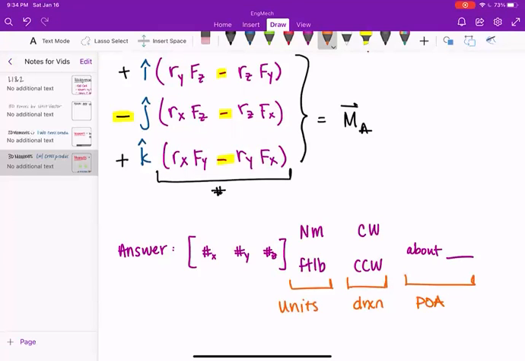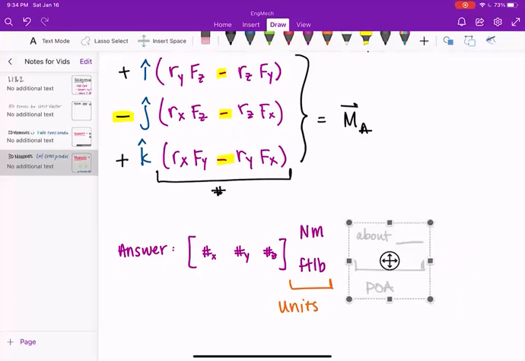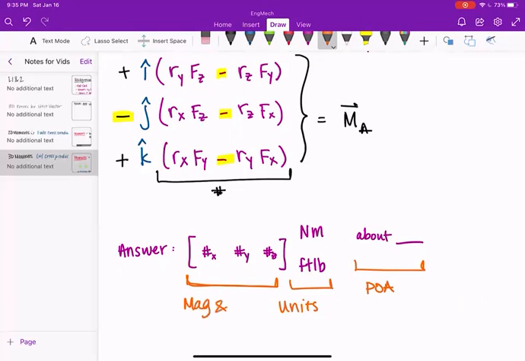And actually, now that I think about it, this is not relevant in 3D because you already have that reference to the direction built into that vector. So I don't believe that you need the clockwise counterclockwise thing because it doesn't necessarily make sense in 3D. So this is your magnitude and your direction. So that's another thing to remember, your final answer form.